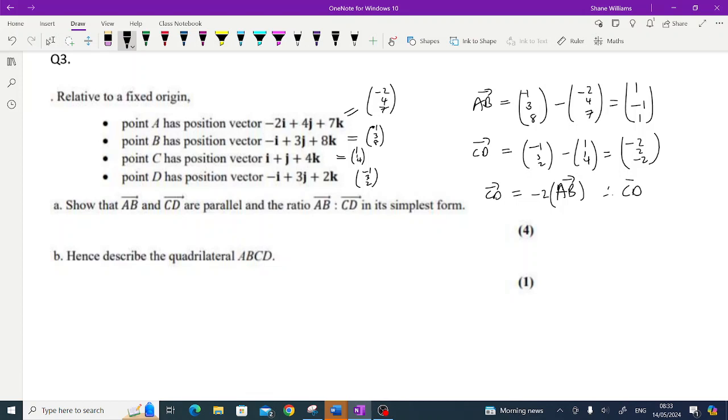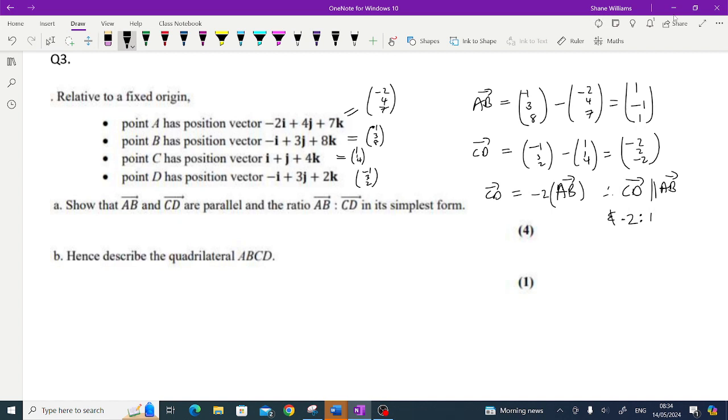Therefore, CD is parallel to AB, and the ratio, in this case, I suppose it's 1 to minus 2. Probably more likely you'd be asked for the ratio of the magnitudes, in which case it would be 2 to 1 based on the way it's written. So if it was asked for the ratio of the magnitudes, it would be 2 to 1, but in this case, I'll say minus 2 to 1.